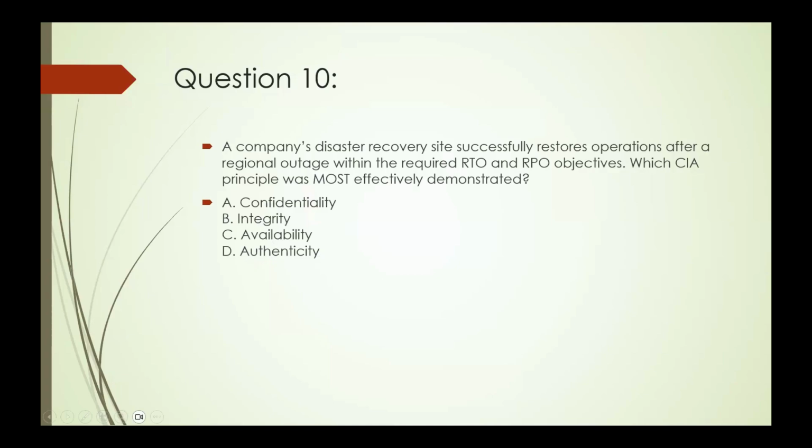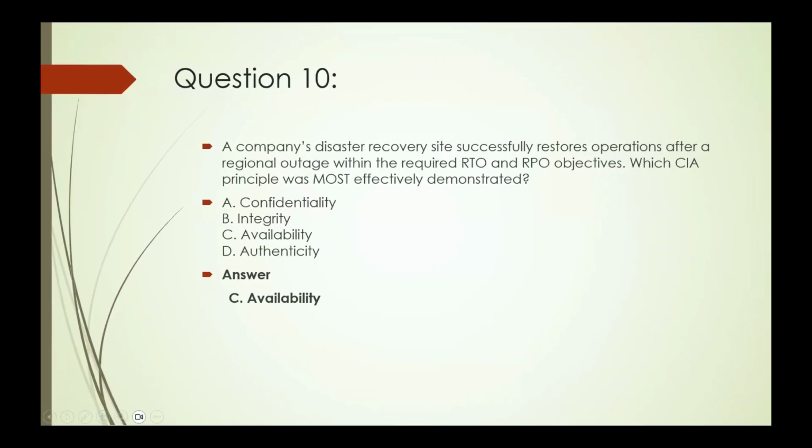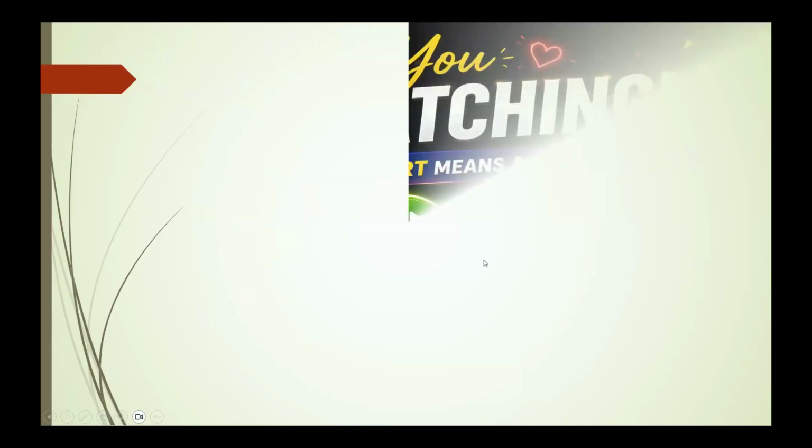Among confidentiality, availability, and integrity, the organization ensured systems and services remained accessible within acceptable recovery objectives. So, disaster recovery happened here and it is primarily supporting availability. Always, I want to reiterate, think like a manager, think like a manager.